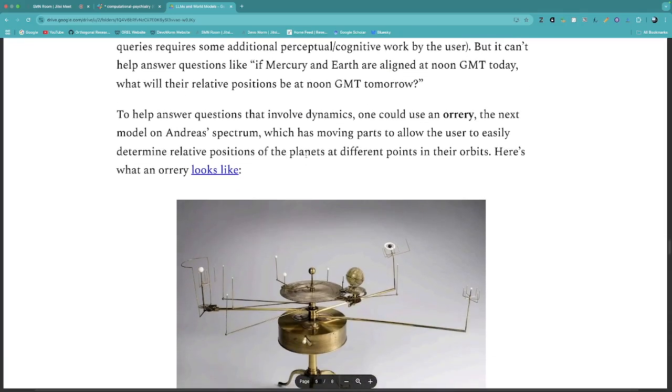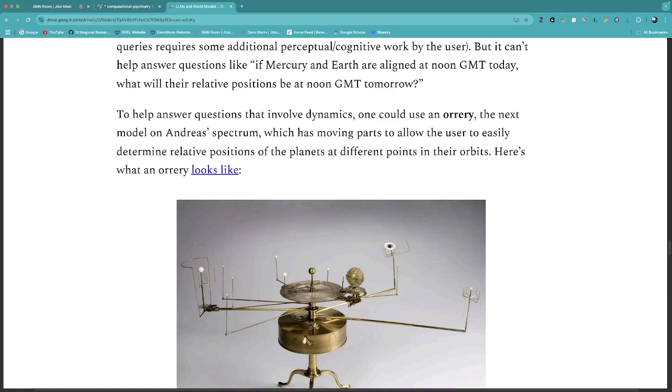This is where you have the planets around the sun, and you have these mechanical arms. It's called an orrery. You can actually build a model like this where you have planets out a certain distance from the sun.